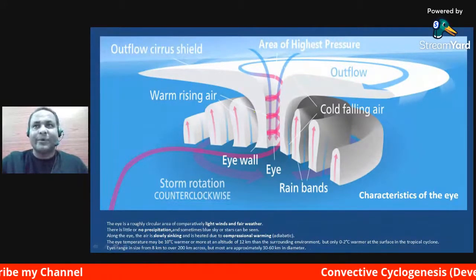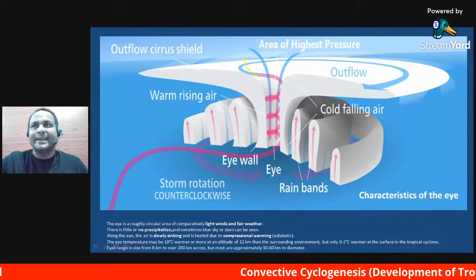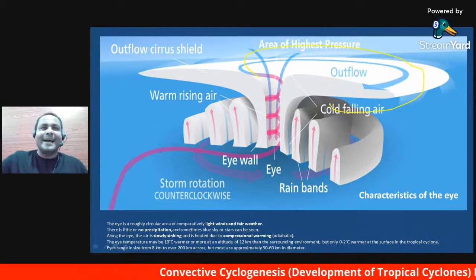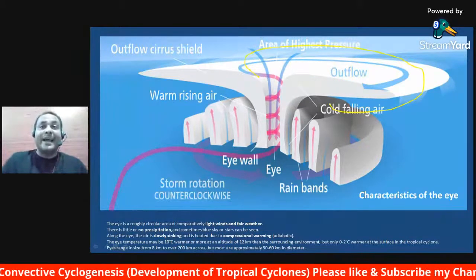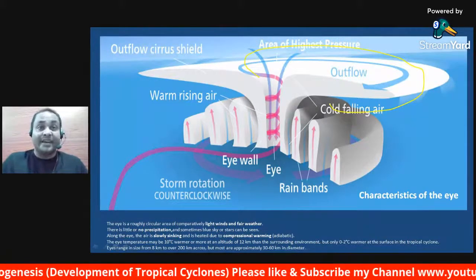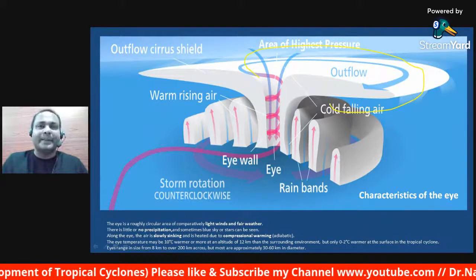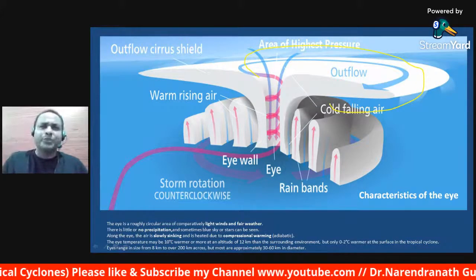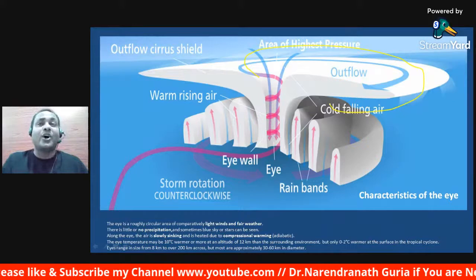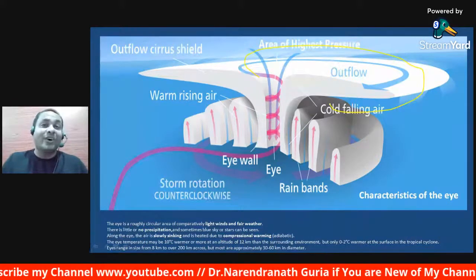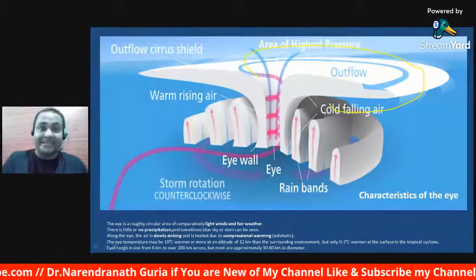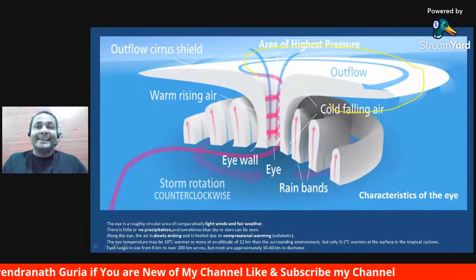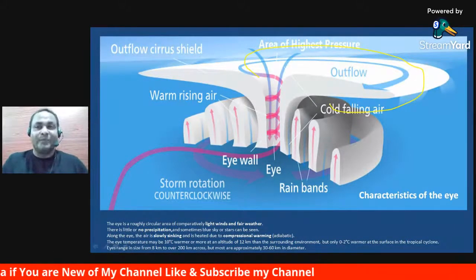When they create the eye, the eye is a roughly circular area of comparatively light winds and fair weather, with little or no precipitation, and sometimes a blue sky. Sometimes blue sky or stars can be seen, and along the eye the air is slowly sinking and is heated due to compressional warming.